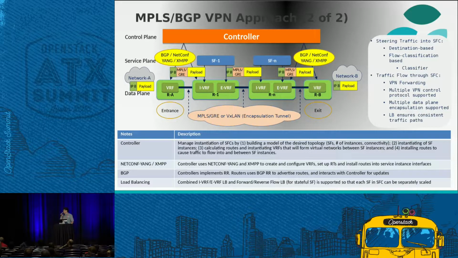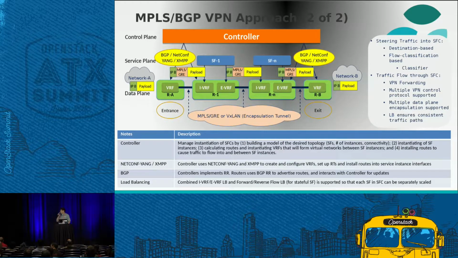The same route target will ensure that when you advertise the routes from the ingress VRF to the egress VRF, they will get a match, and the egress VRF will install the next hop based on the route advertisement.